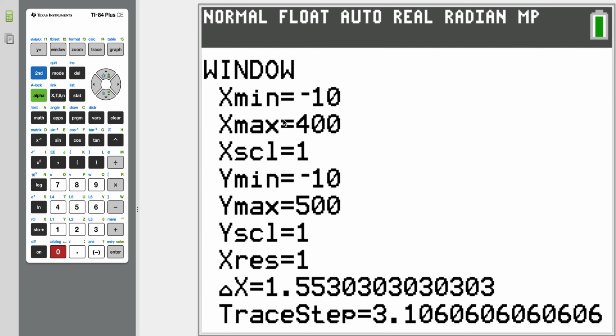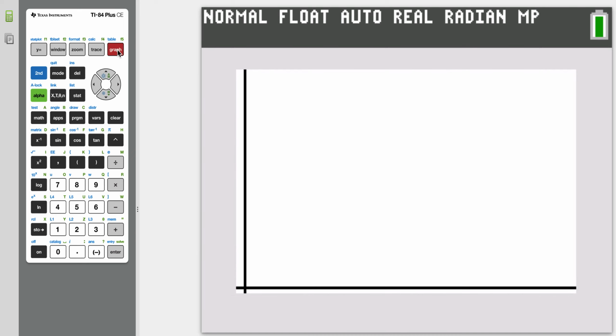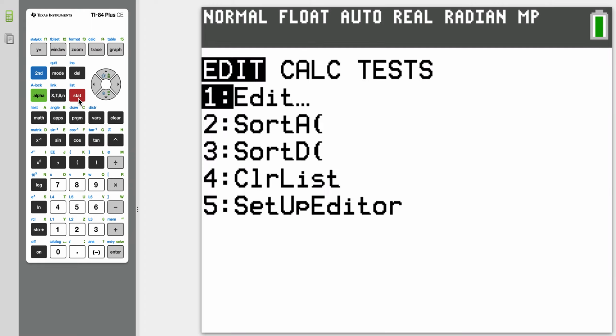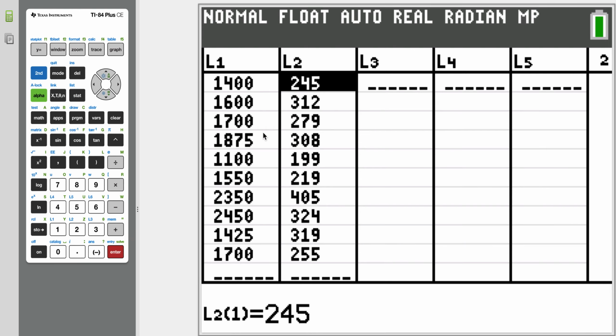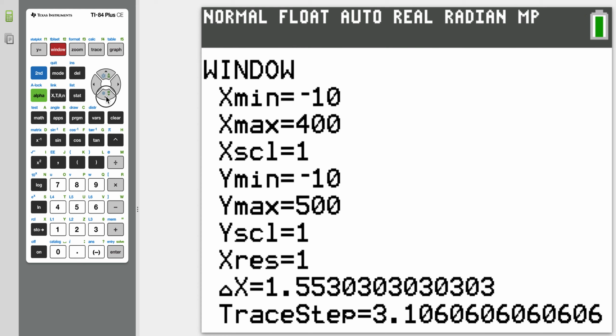So now I'm looking at a bigger range of square footage and a bigger range of prices. And now when I graph, I should see my stat plot. Oh, did I say 4,000? Let's look at that again. Stat, edit. Oh, we need to go up to 3,000. That was silly.